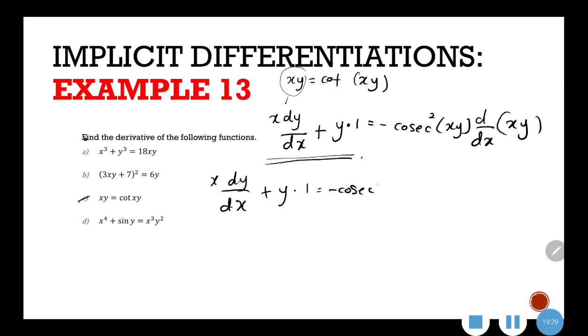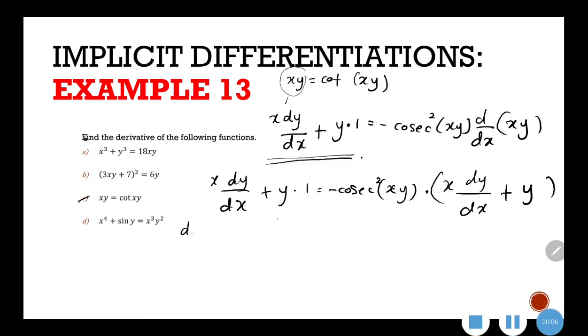Okay, negative cosecant square xy, and then the d dx is the same as this part here, so it should be x dy dx plus y. Okay, and then pull every dy dx together.